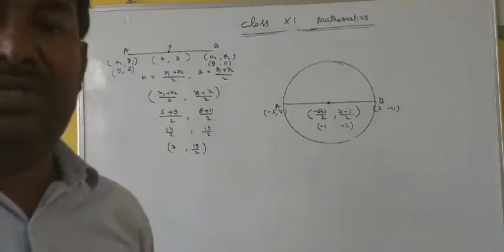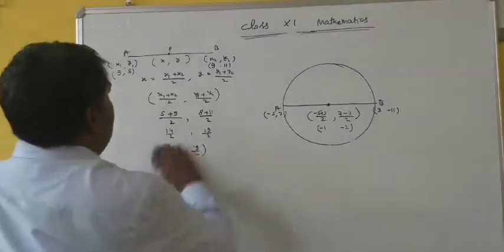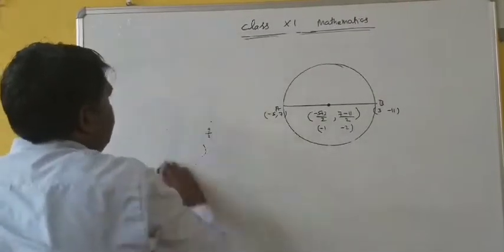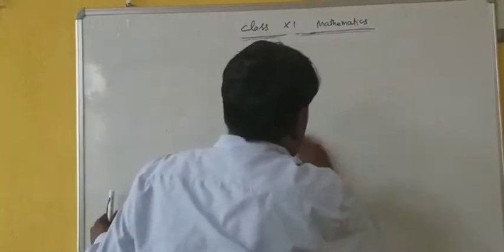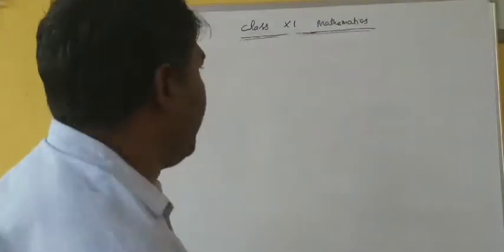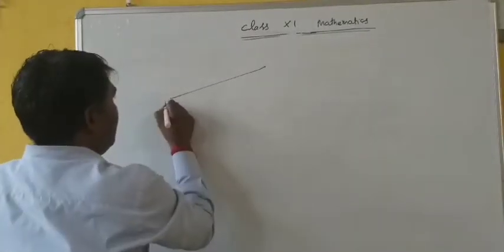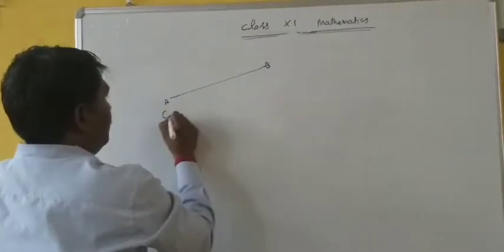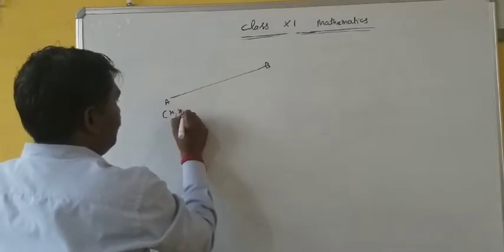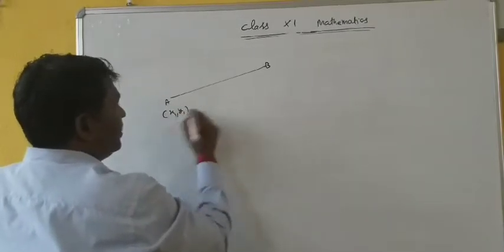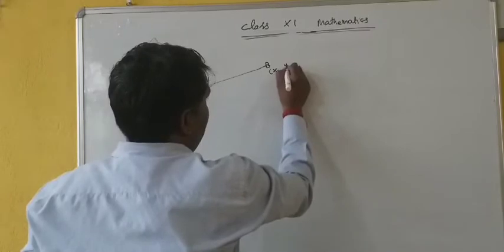Some other questions based on section or division. Once again I would like to explain internal division. Since we have seen the derivation, let A and B be 2 points having coordinates x1, y1 and x2, y2.